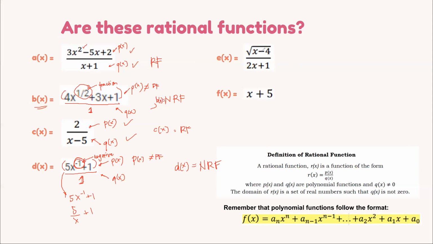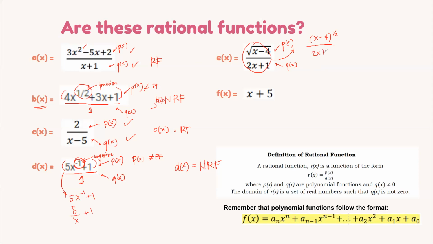Let's try to look at E of x. So E of x, this is our P of x, and this is our Q of x. Our P of x, in another form, would be x minus 4 raised to the power of 1/2. It's all under the umbrella of the square root.